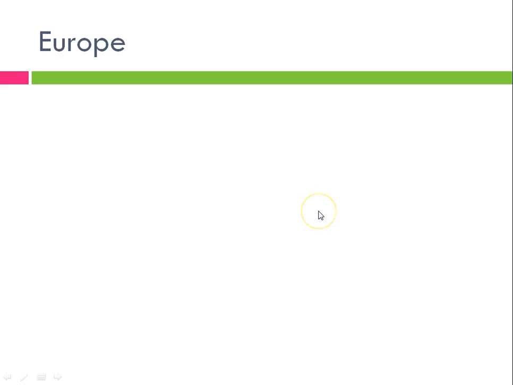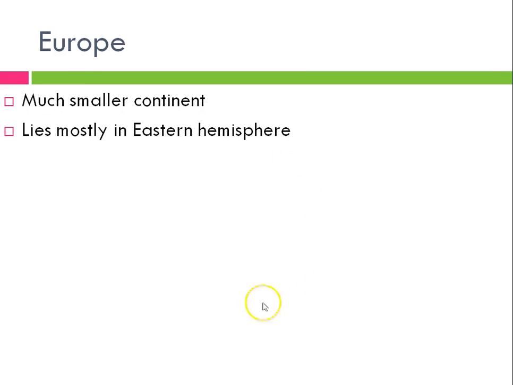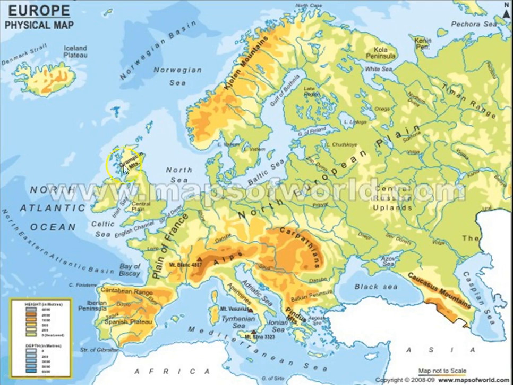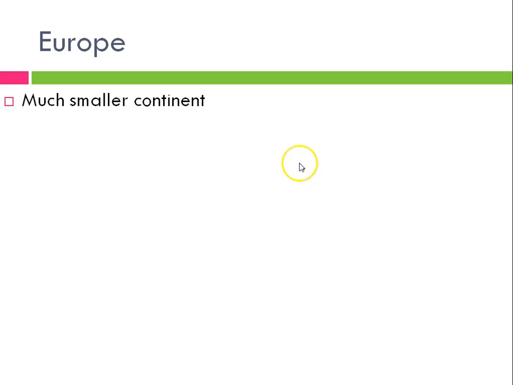Moving on, some other things regarding Europe. It is of course much smaller continent, lies mostly in Eastern Hemisphere, but as we know that prime meridian passes through United Kingdom, so a small part of Europe falls in Western Hemisphere, but rest of the Europe is in Eastern Hemisphere.